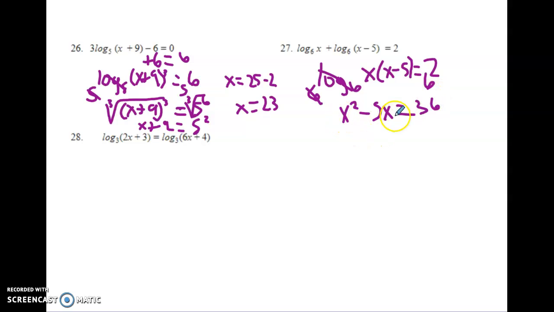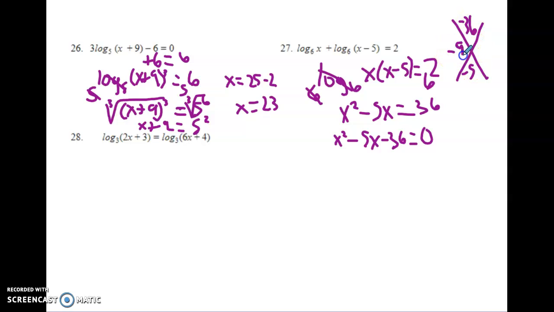Now I have an x squared and an x. I'm trying to solve for x, so that's kind of a big hint that I need to get them all on the same side and factor. So I have x squared minus 5x minus 36 equals 0. I'm going to do the X-game of negative 36 and negative 5, and think what multiplied together gives me this and added gives me this.